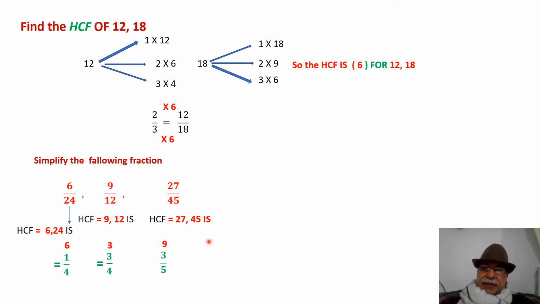So when I divide, how many 9s in 27? 3. How many 9s in 45? 5. That's why I can simplify this. This is the last result for that. That's how I simplified those 3 fractions.